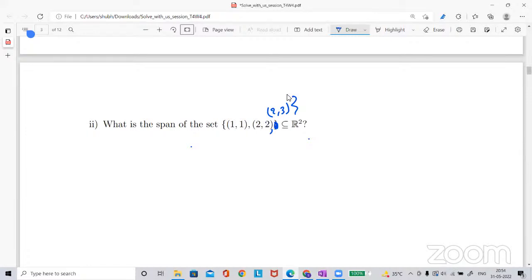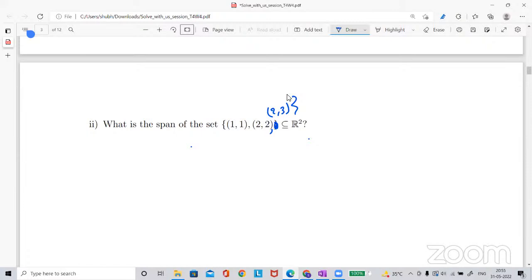Sir, we have 1, 1 and 2, 3; the linear combination will be R2, and we can make the coefficient 0 for 2, 2. Sir, any linear combination associated with these 3 elements, again it will be R2. Okay, can you say again? Sir, any linear combination. You can continue. 2, 2 is a linear combination of 1, 1.